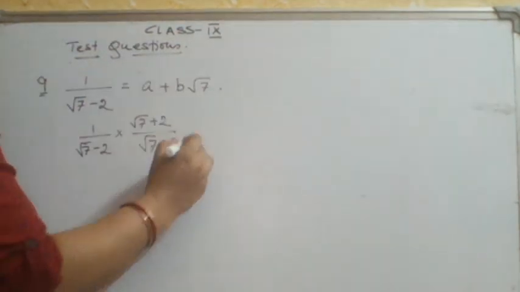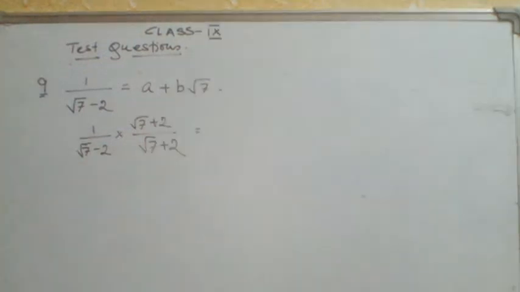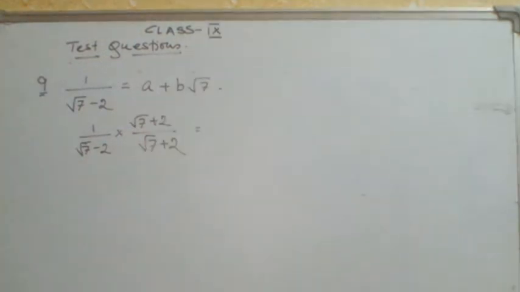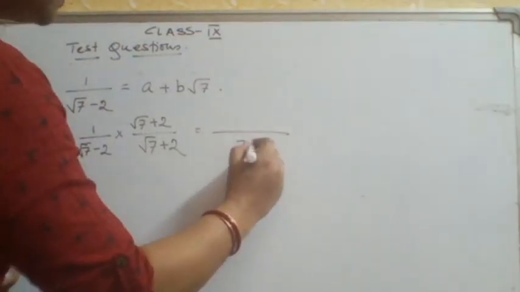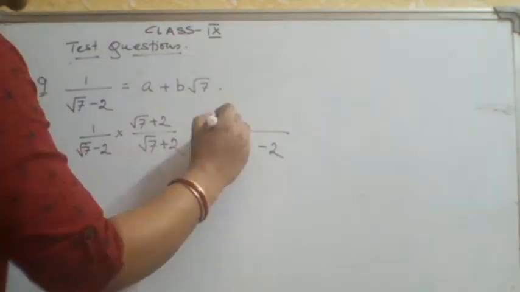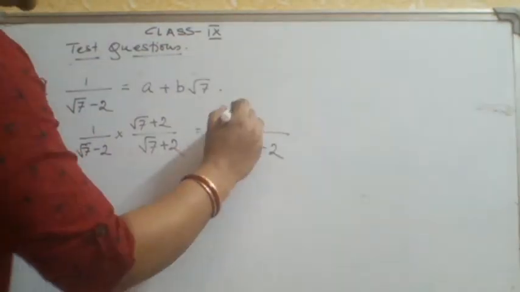So this is equal to, in the denominator, 7 minus 4, and in the numerator, root 7 plus 2.